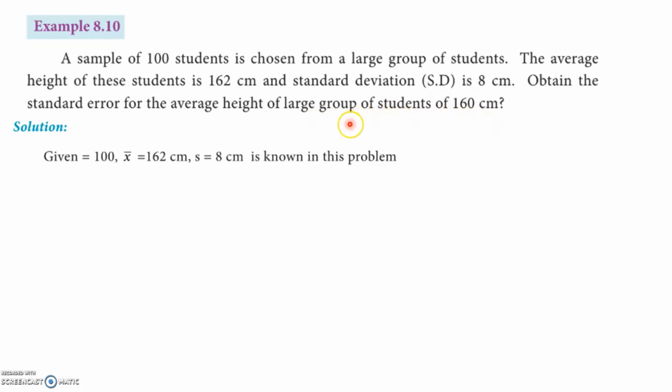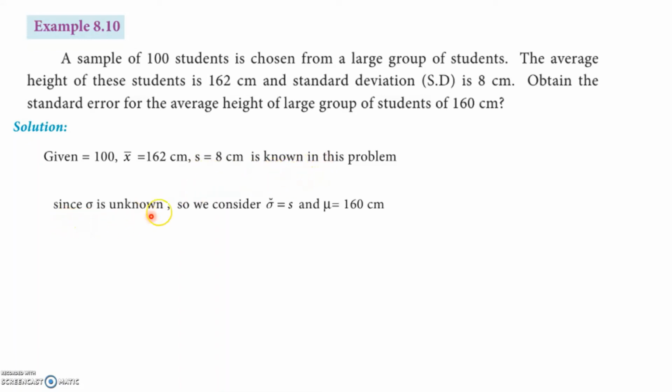Let's see how we can solve this problem. The number of students in the sample is 100, which is n, the sample size, and our x bar, the average from the sample, is 162, and the standard deviation of the sample is 8 centimeters, and this is known in this problem.